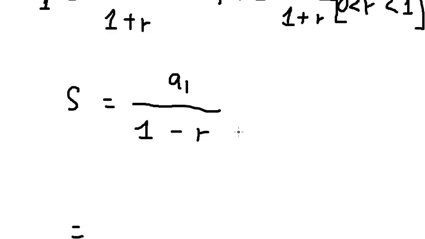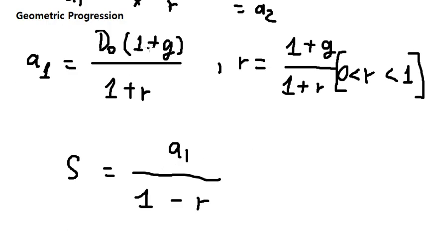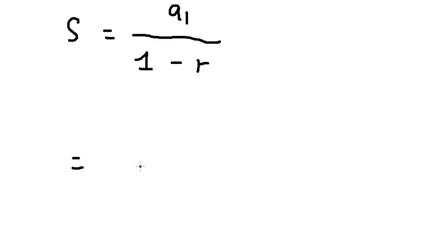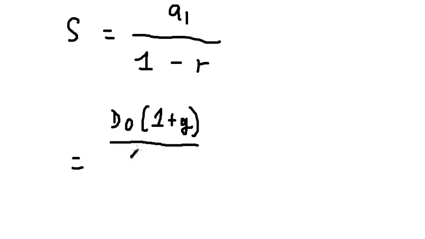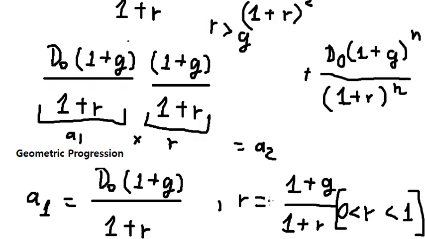So a1 is this one. And r here is the common ratio. We have 1 minus this one.